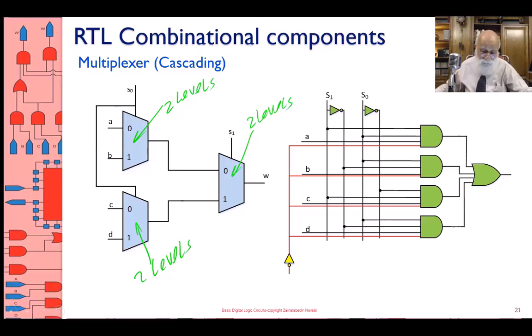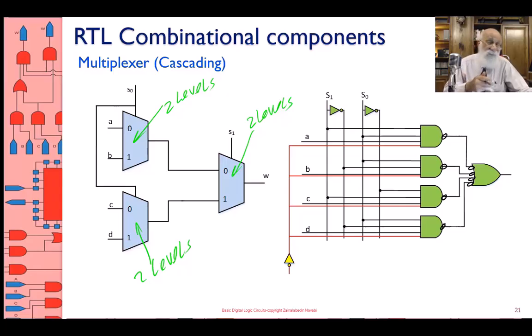But then if I do it directly, remember that I can put bubbles to cancel bubbles so that I have all NANDs. And the circuit on the right hand side is a faster circuit.